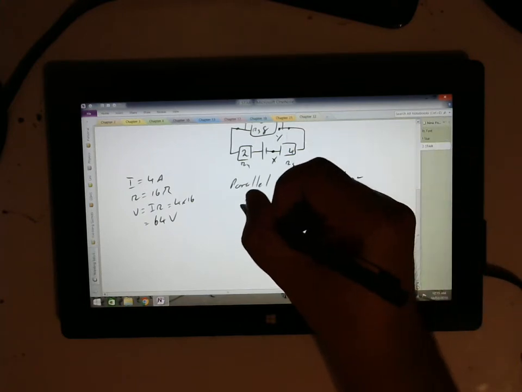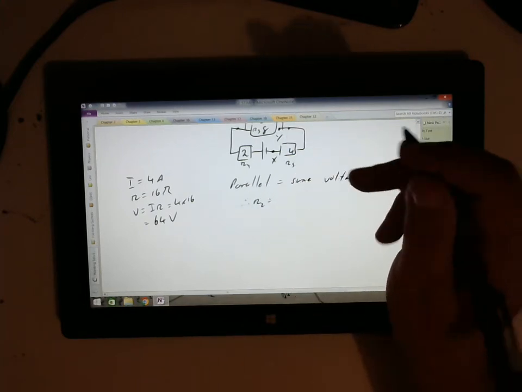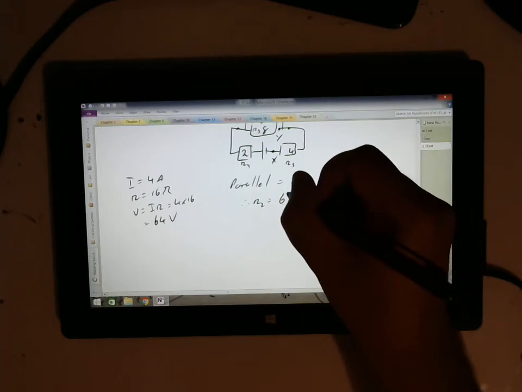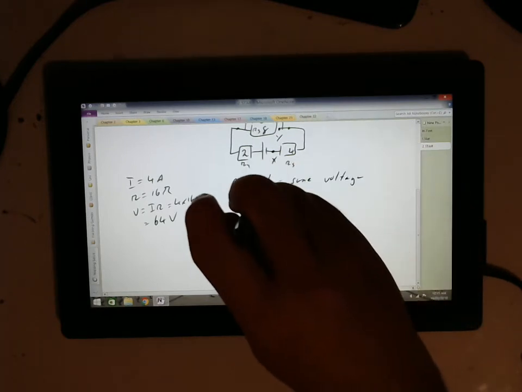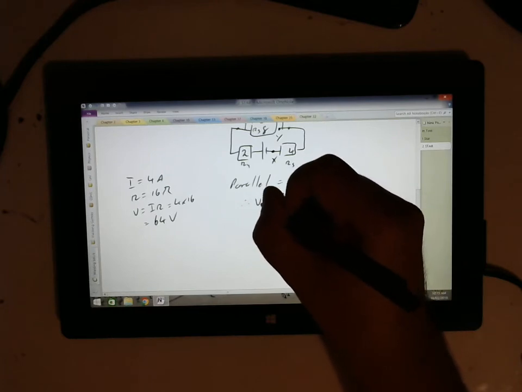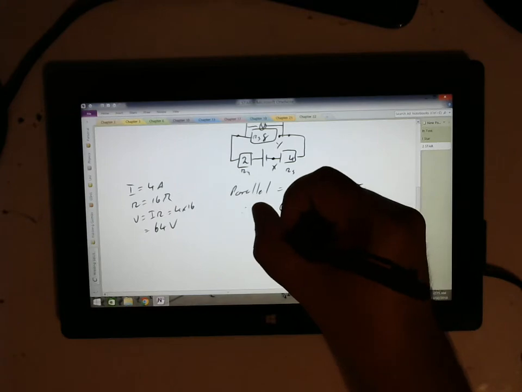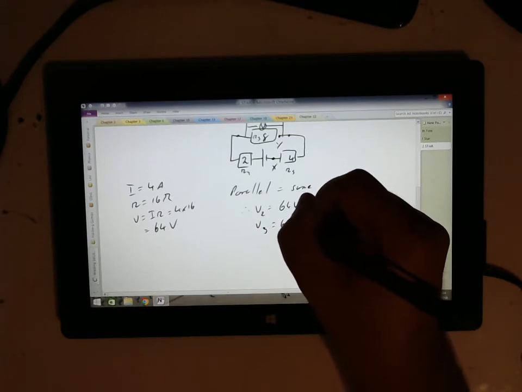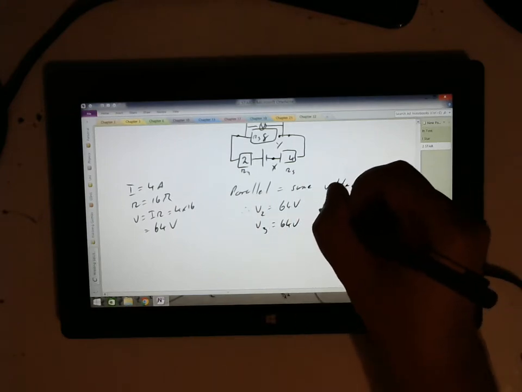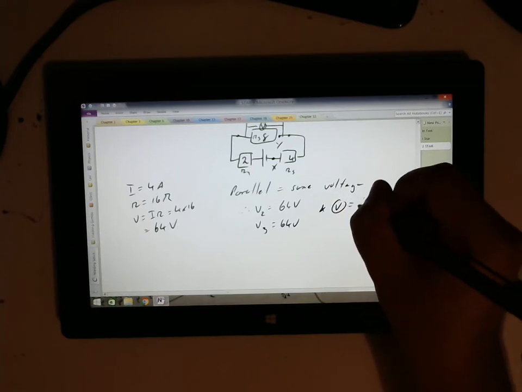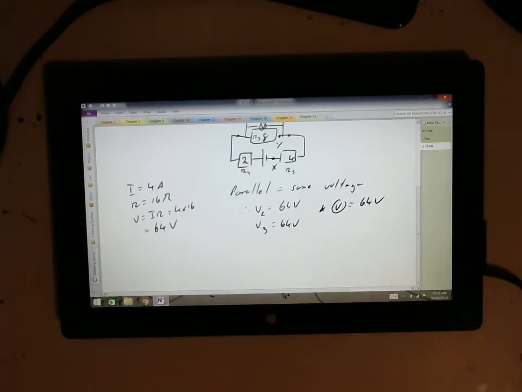So therefore, V2 equals 64 volts. We call that R3, so V3 will equal 64 volts. And the voltmeter equals 64 volts. And that was one of the things we actually wanted to work out. That was actually part C of this question. So we've done C before we've got anywhere near A, let alone B yet.